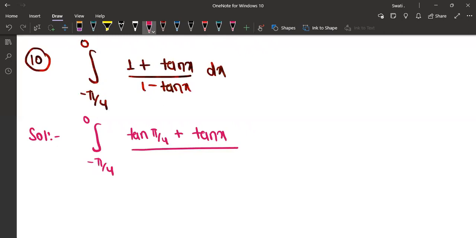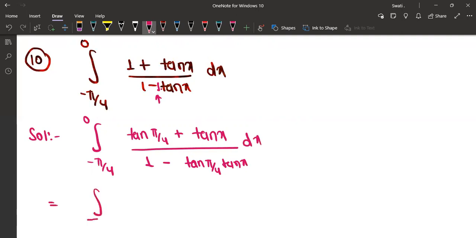At this place, I'm writing 1 only, minus. If I just multiply 1 here with tan x, no difference, because 1 into tan x is tan x only, but it will make a lot of difference because it is giving us a formula. At this place, like at this one, I can again write down tan pi by 4 and then tan x as it is. Okay, and then dx.